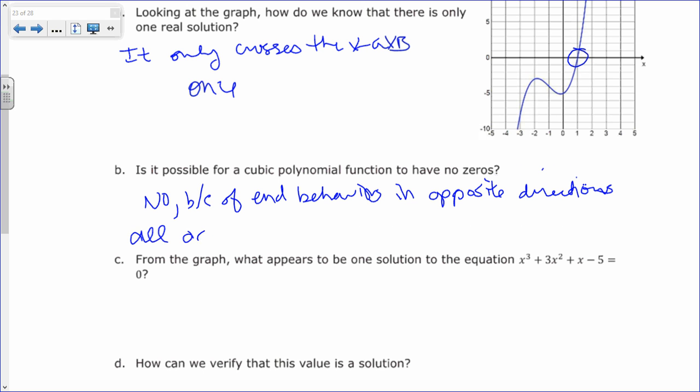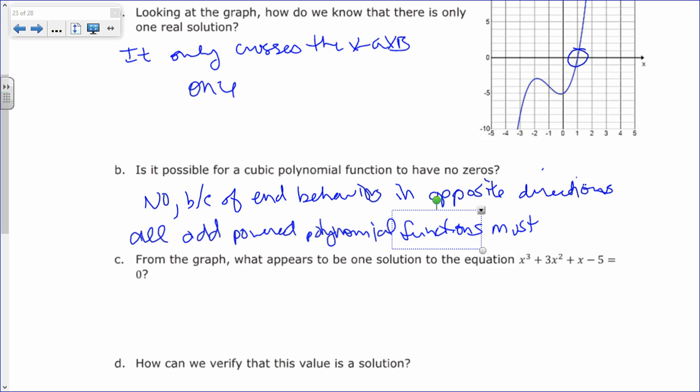All odd-powered polynomial functions must cross the x-axis at least once.